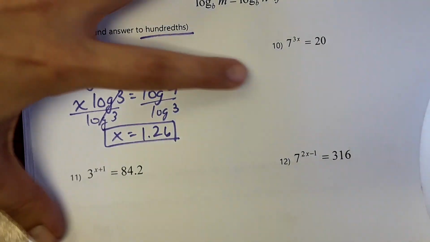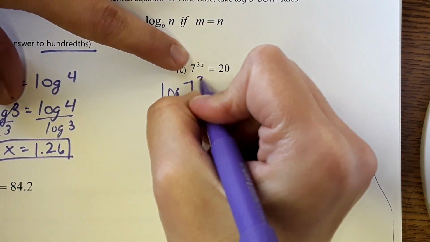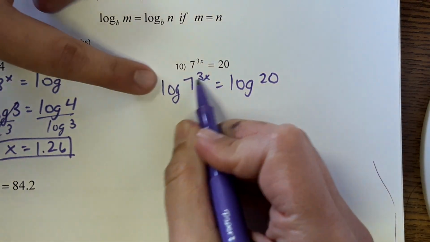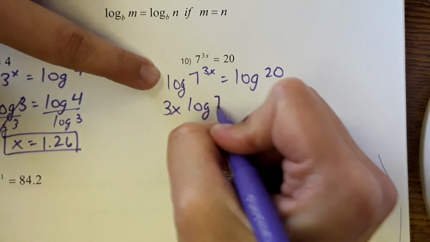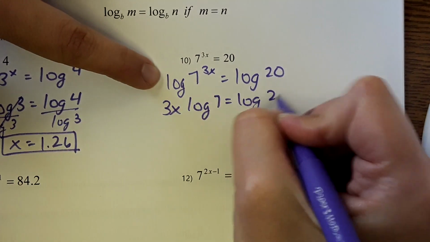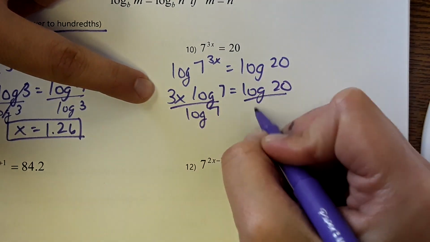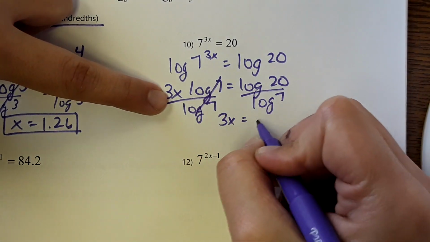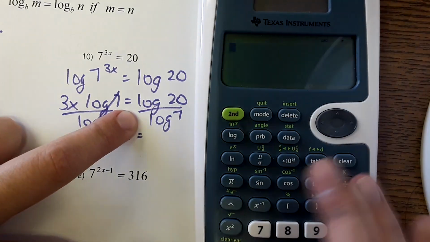Okay, now repeating that with number 10, we're going to say log of 7 raised to 3x equals log of 20. Take the 3x, the exponent here, bring it out front. Then from here, work on getting x by itself. 3x equals log of 20 divided by log of 7. I'll just do that in the calculator.